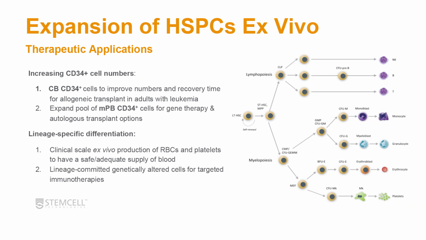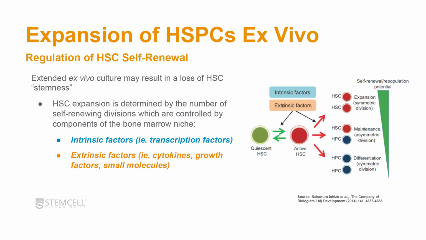So a lot of applications are based on just the expansion of hematopoietic stem cells ex vivo, and due to 30, 40 years of research, we now have a lot of knowledge about the conditions that are required.